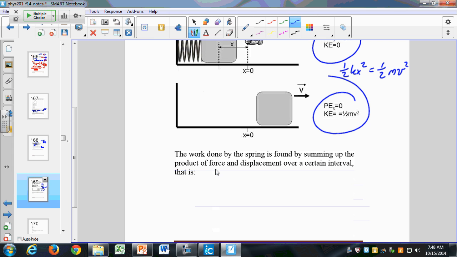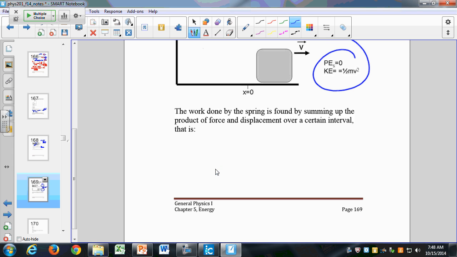We can determine the work done by the spring by summing up the product of the force and the displacement over a certain interval. So if we want to know the work done by the spring, remember that's just going to be F times x.